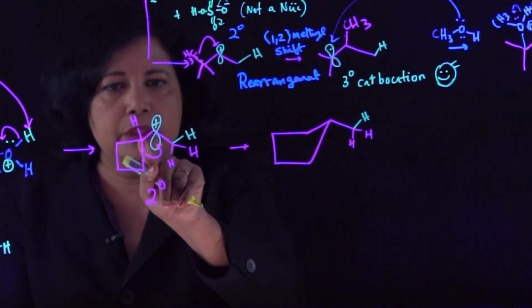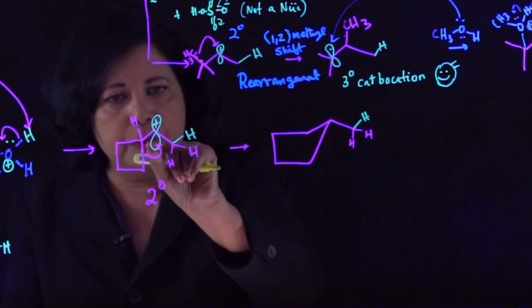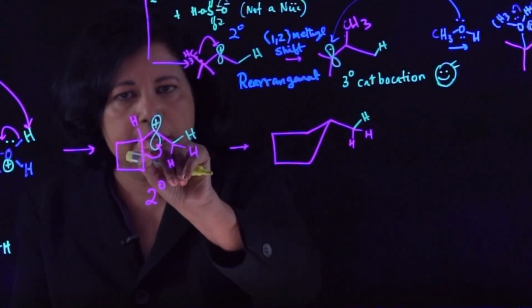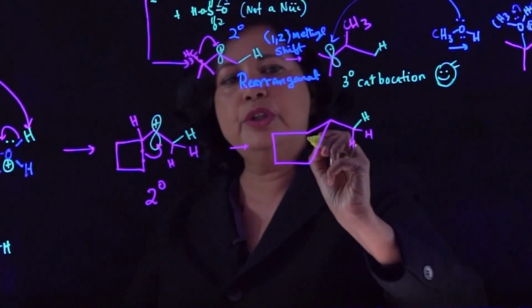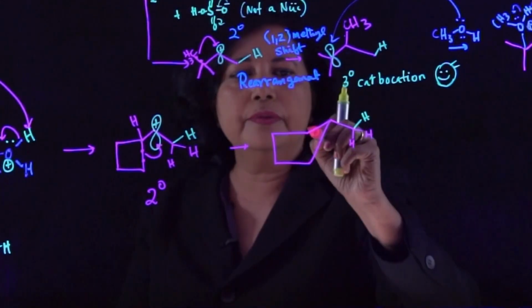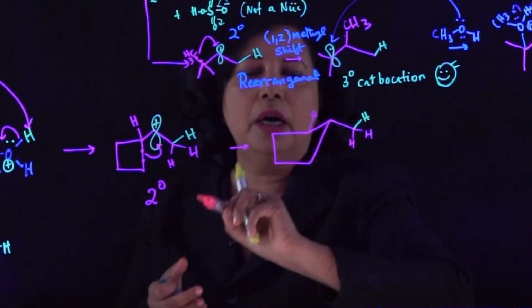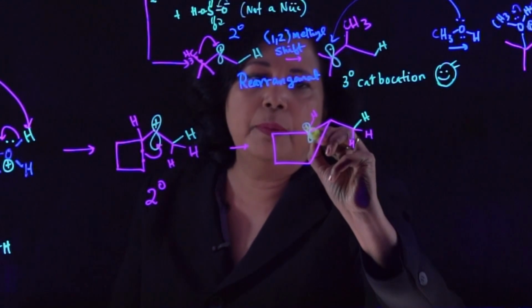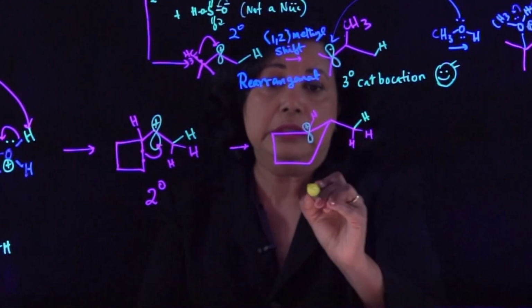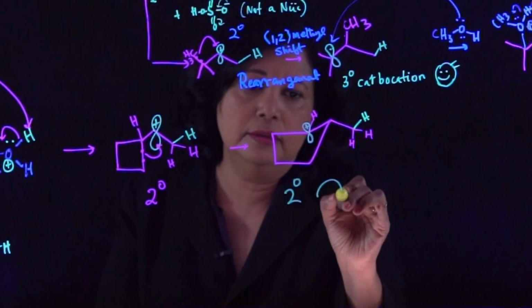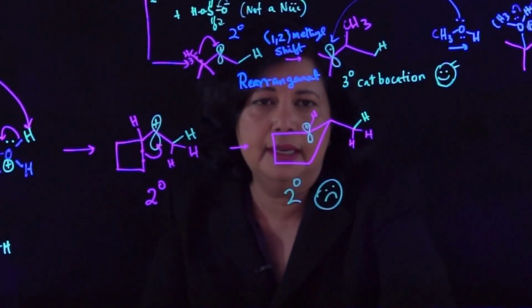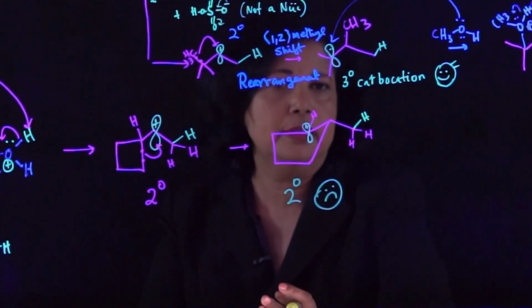All right, so now since we rolled our house up and moved over here, this carbon here is going to be electron deficient because we just pulled electrons out of here. This only got 1 hydrogen and 2 carbons. So this becomes positive. However, this is also secondary. Uh-oh, well, not a good thing. After all of that, I'm still secondary.